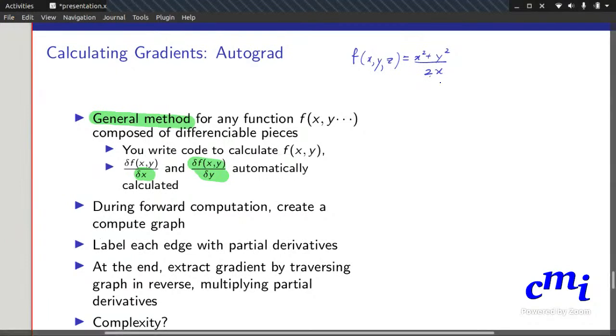Does this also work? Sure. Then when you're writing this function in code, sorry, he wants square root of x. By 2 root x.